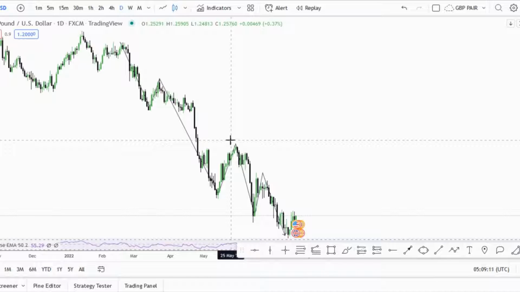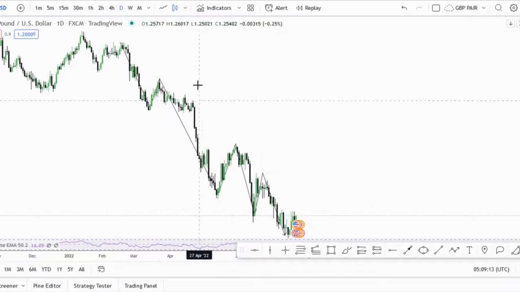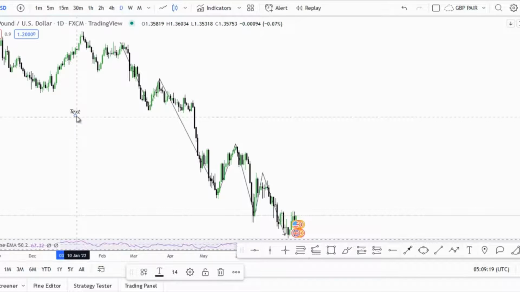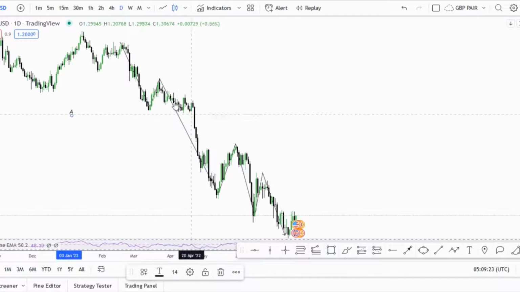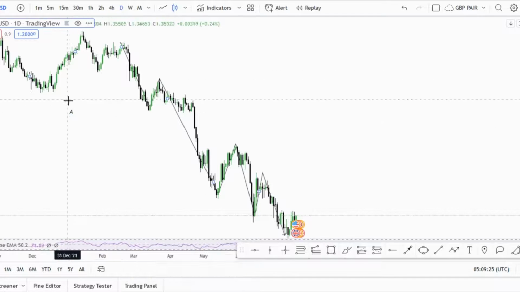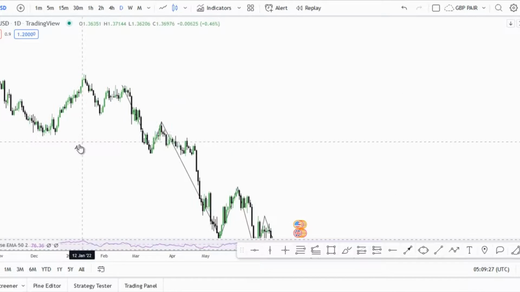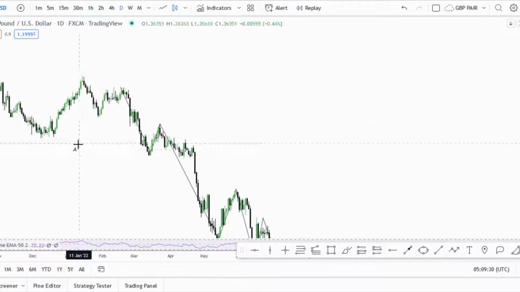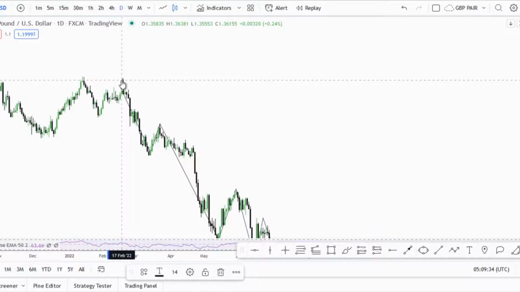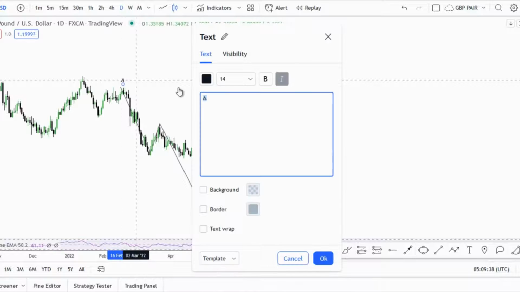So now when the market moves, for instance, this is point A. Let me take this starting point here. Let me make this bigger.